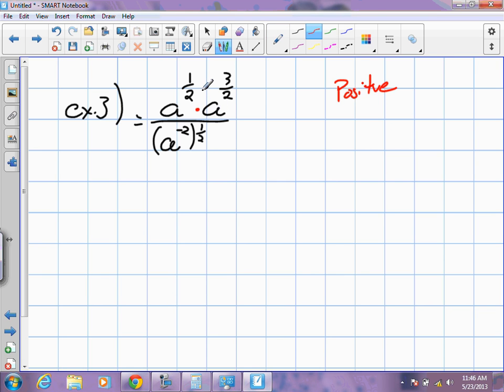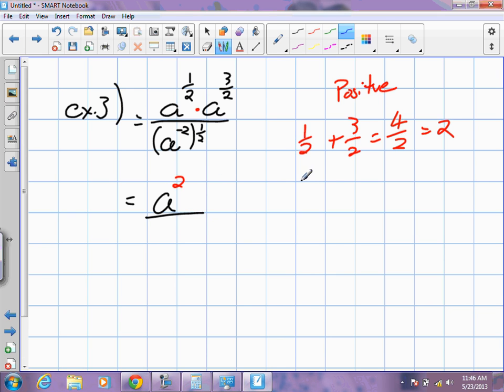those 2 fractions. So if I were to add these fractions, 1/2 plus 3 over 2, what do we get? 4 over 2, which can be simplified to 2 over 1, or just 2. Let's just keep it as 2. So we now have a to the power of 2. That makes things much simpler on top. And on the bottom, because this is a power of a power, we need to multiply these values.